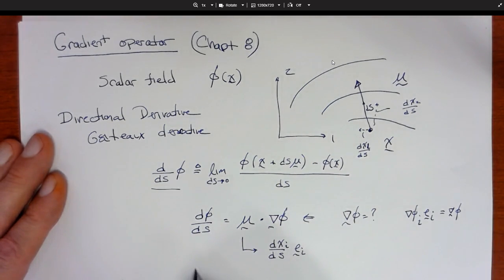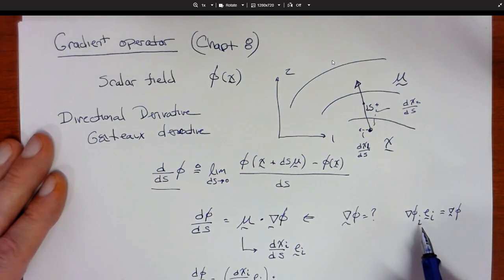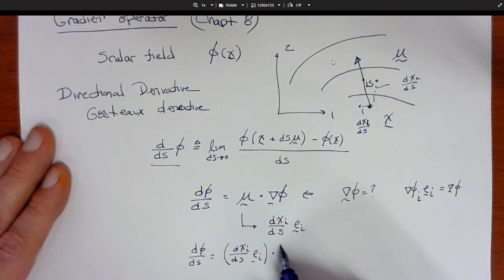Now if we do that all together, I've got d phi ds equals dx_i ds in the e_i direction. And I'm going to dot that with this definition of grad phi, but I can't reuse i, so we'll give this a new index, j. So there's the j component, e_j.